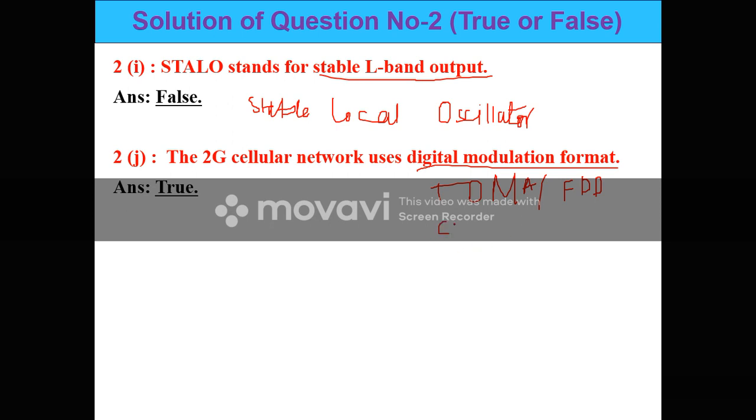Another is CDMA, code division multiple access, frequency division duplex. So these are the three techniques we use in the 2G cellular networks. The first one is digital modulation format, the second one is TDMA, that means time division multiple access, or frequency division duplex, and CDMA, that is called the code division multiple access, or FDD, that is frequency division duplex. So this is the true answer.